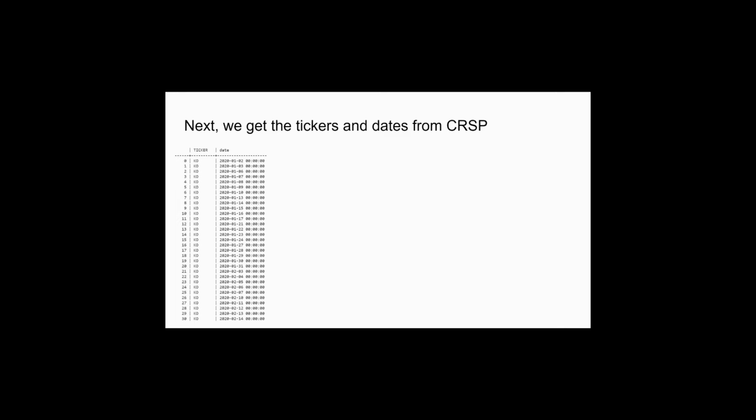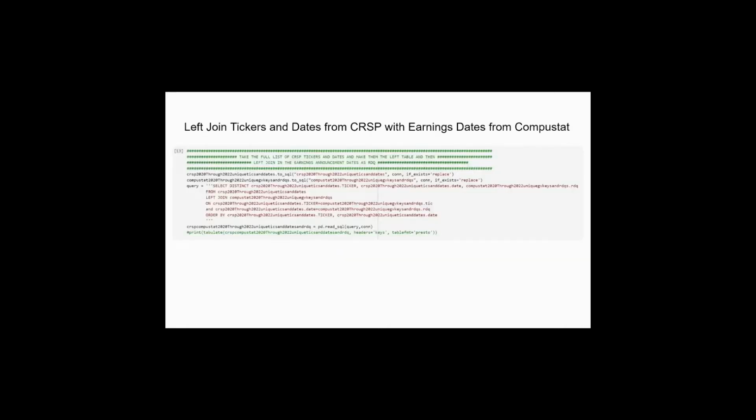So we're going to have this CRISP data as our left-hand side table, and the CompuStat data as our right-hand side table. So we're going to end up with every single date when we do a left join. And then on the right-hand side, it's just going to be one observation per quarter. And I'll show you that in a second. So left join the tickers and dates from CRISP with the earnings dates from CompuStat. Okay, and so what we're doing is a left join.